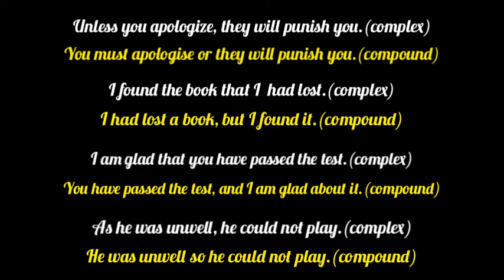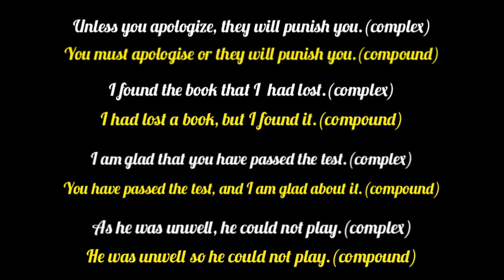In the second complex sentence, that I had lost is the subordinate clause initiated by the relative pronoun that. And the same is converted into a coordinate clause, I had lost a book, and joined to the main clause with the help of the coordinating conjunction but. So the complex sentence I found the book that I had lost becomes the compound sentence I had lost a book but I found it.